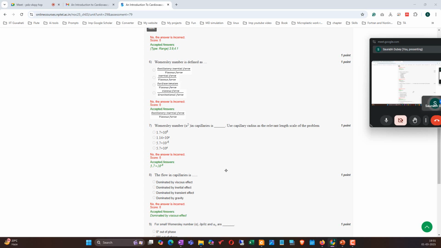So the Womersley number alpha square in the capillary, as we know, will be very, very small, what I understand. So only the C option remains.